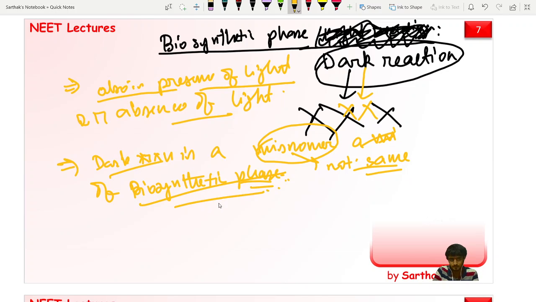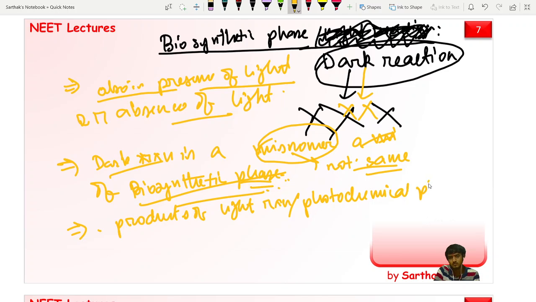In the biosynthetic phase, the products of the light reactions, or photochemical phase, are used.